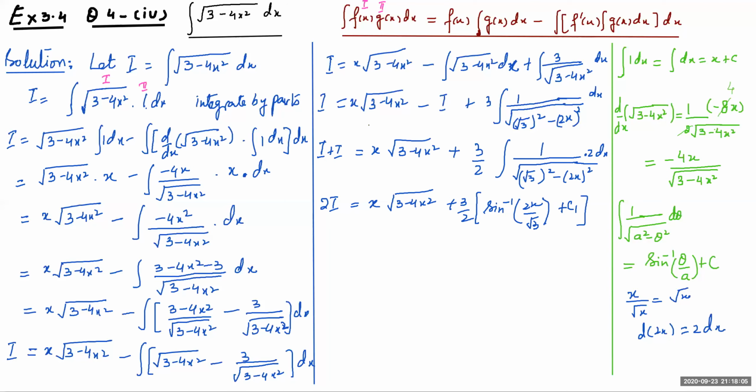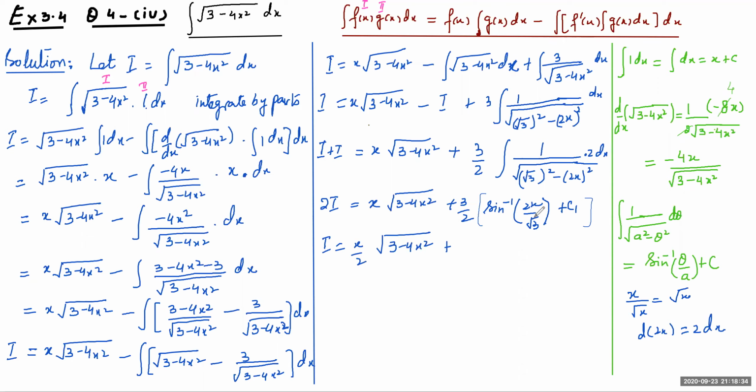And now what? I like to use this bracket, a little fragile bracket here. Let me try this one. Here it is, 3 by 2 and bracket and all this. Okay, and now what? I is equal to x by 2 square root of 3 minus 4x square.